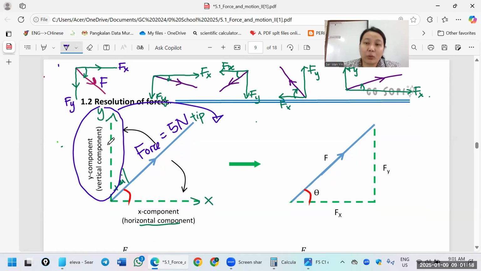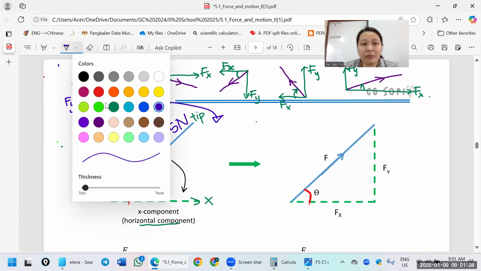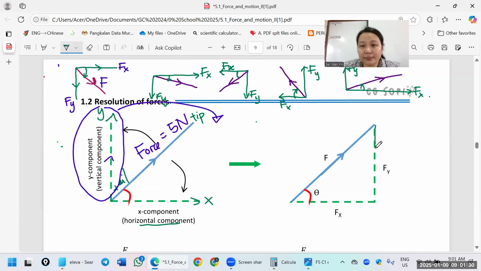See, when you cut y over here, since they are parallel, we cut and paste here so that we can form a triangle here. Okay, we can form a triangle here.